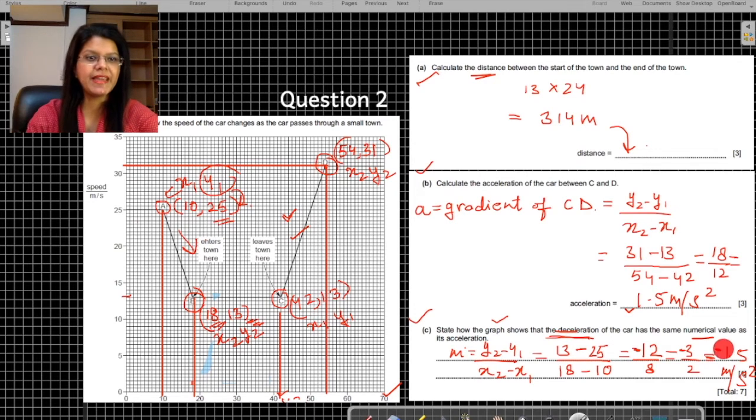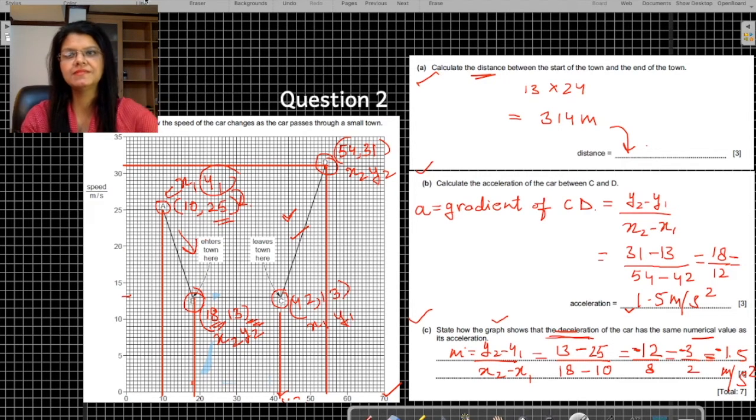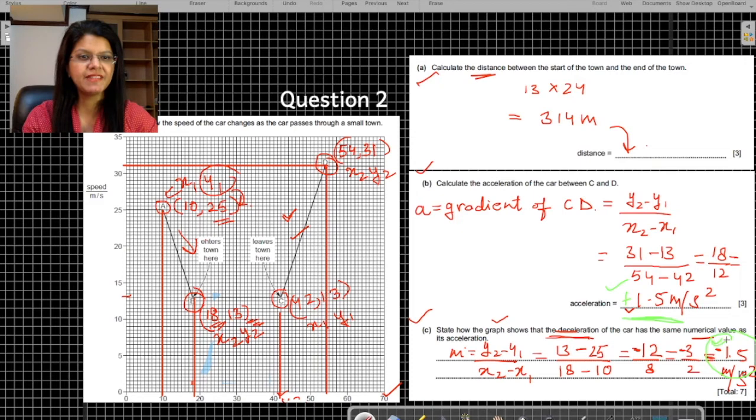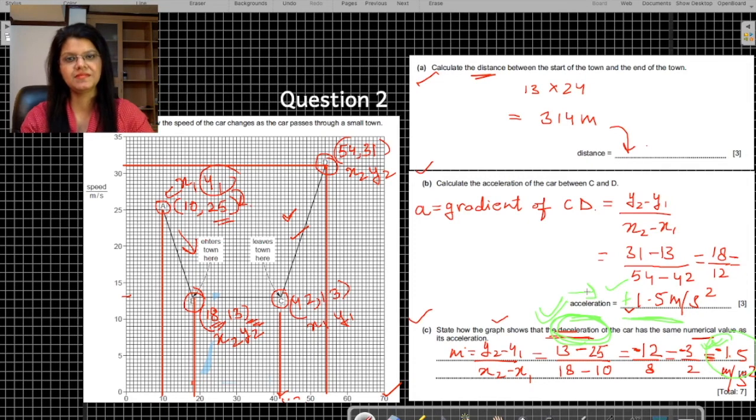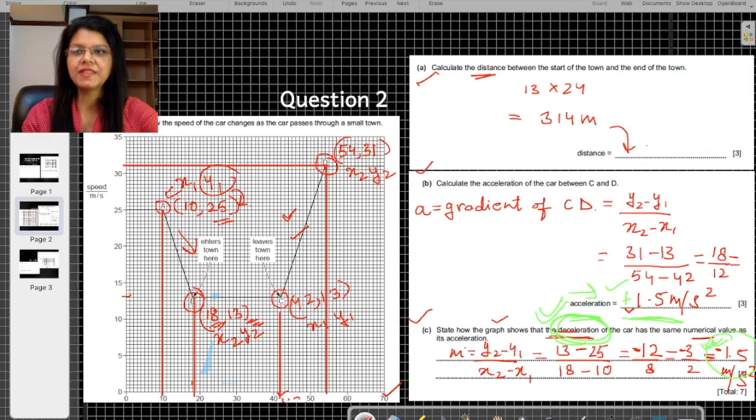So negative 1.5, compare it with the earlier positive answer. Same numerical value but negative. Because the earlier answer was positive, it was acceleration. Here you have a negative value, so it is a deceleration. Alright, great. So let us move on to the next question now.